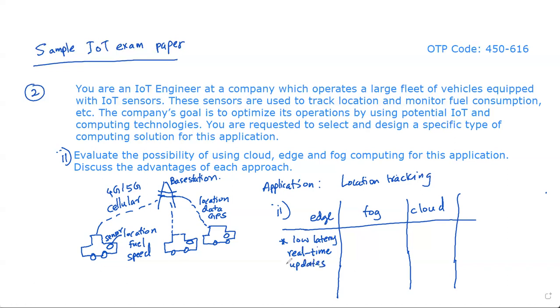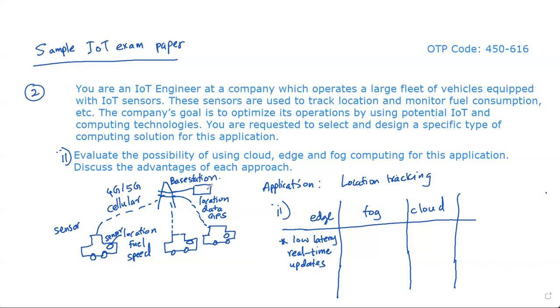The amount of time that we take to transmit the data from the sensor locations up to the computing location is the least.